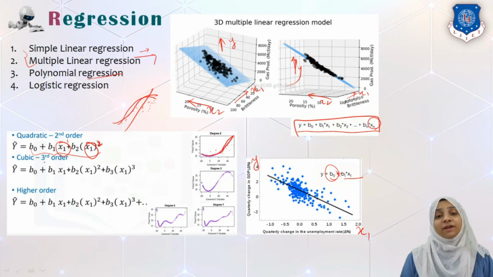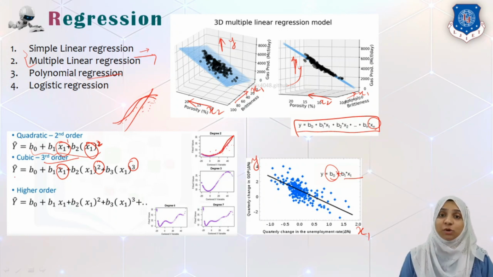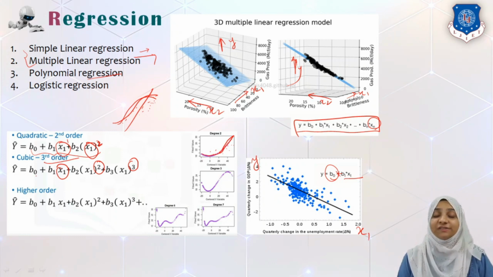If the same data has to be represented with only one variable, that is x1 only, but here the order is up to 3, then the equation of the regression model is y equals b0 plus b1 x1 plus b2 x1 squared plus b3 x1 cubed. Likewise, we can have higher order polynomials also.